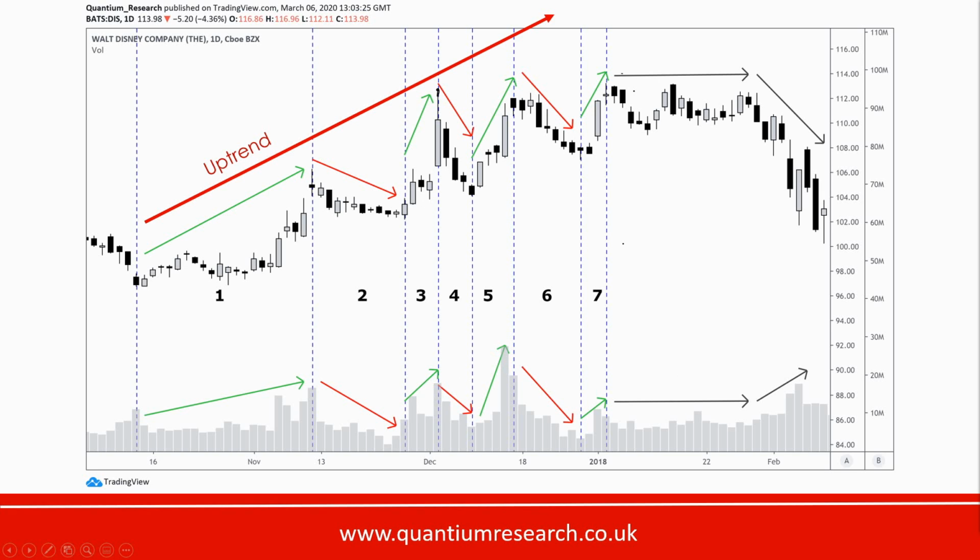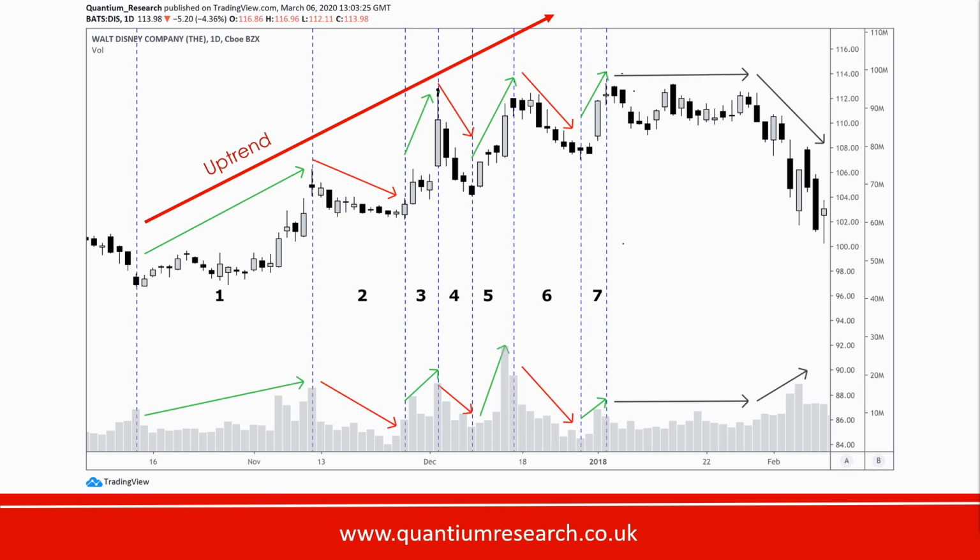And in zone 4, we have another secondary reaction accompanied by contracting volume. So price falls, but the trend is still maintained. If you imagine a rough trend line here, price falls, volume falls, but the trend is still maintained. The same pattern repeats in zones 5, 6, and 7, as we've just discussed. So volume confirmed the trend at every step of the way.